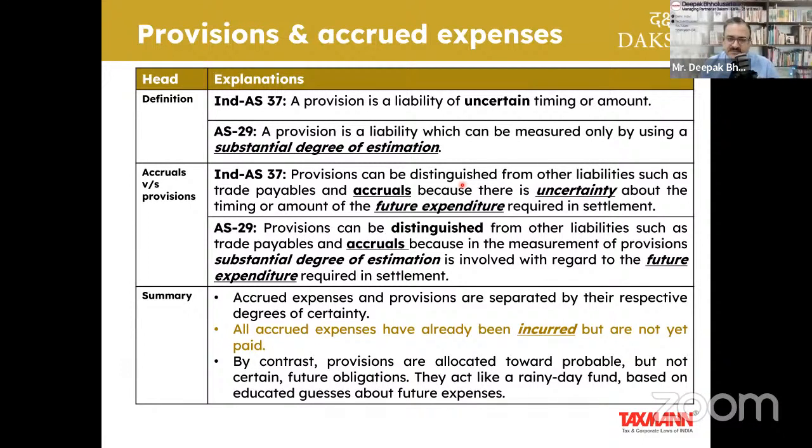Those items are called provisions. Audit fee payable is not a provision, my dear friends, it is an accrued expense. And if you also look at Ind AS 37, it says provisions can be distinguished from other liabilities such as trade payables and accruals. Why? Because there is uncertainty about the timing or amount of future expenditure required in settlement.